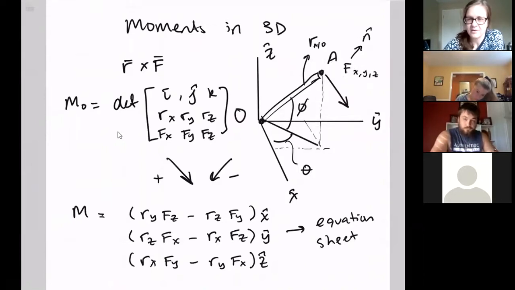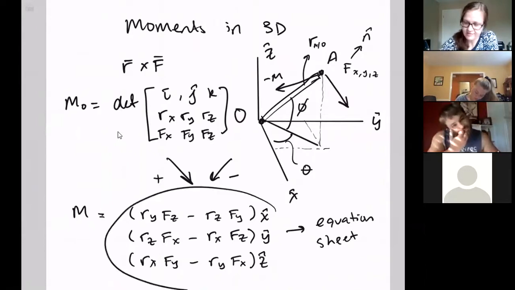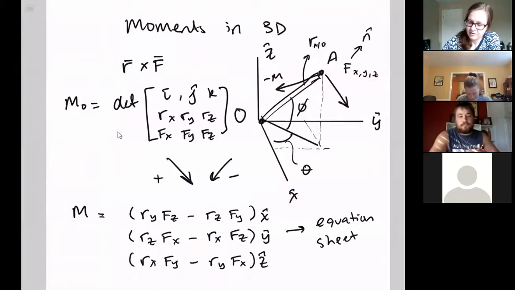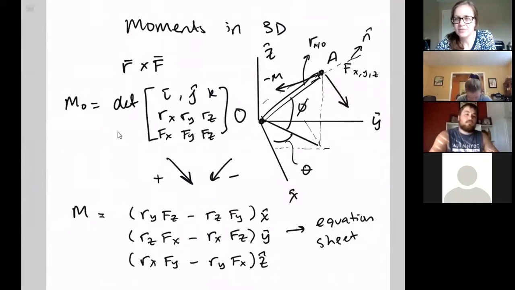Because it's making our page messy, I'm going to bring the negative moment over here. But this will take into account all of the signs. So if it does tell you a negative moment, you know that right-hand rule is going to be going that way.